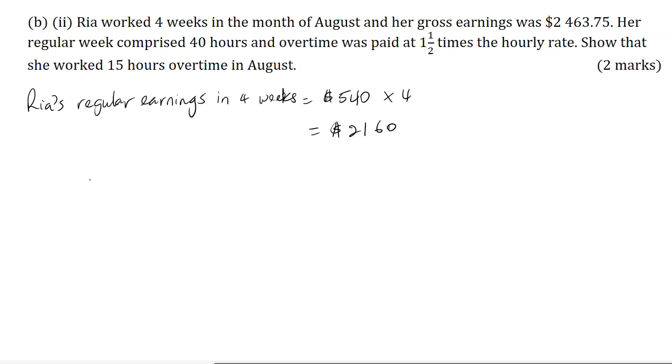Now to get her overtime earnings, we already have her gross earnings. So this is a combination of her regular wage as well as her overtime wage. And if I subtract the regular wage from the gross earnings, I'll be able to get the overtime wage.